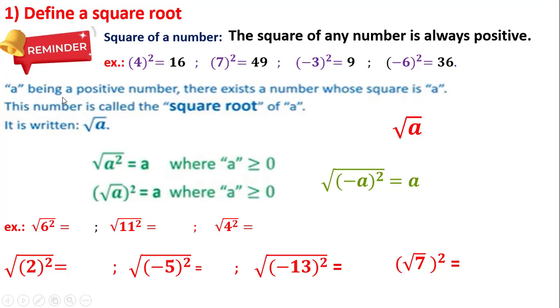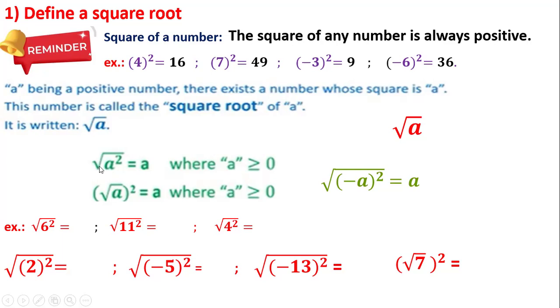So, A being a positive number, there exists a number whose square is A. This number is called the square root of A, and it's written as radical A. We have 3 rules here. We have radical A squared. How do we simplify this?